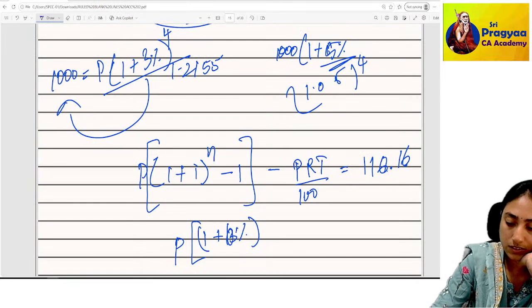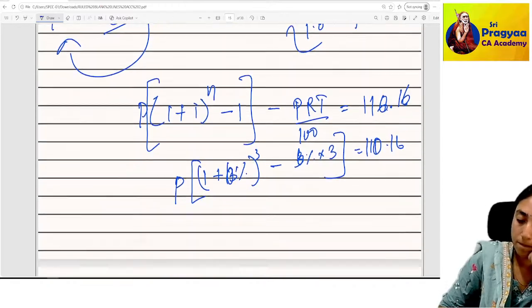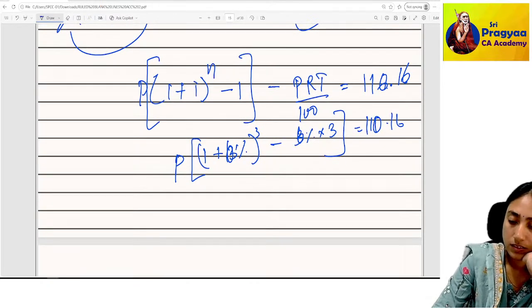6% for 3 years minus 6% into 3 is equal to. So what is this?